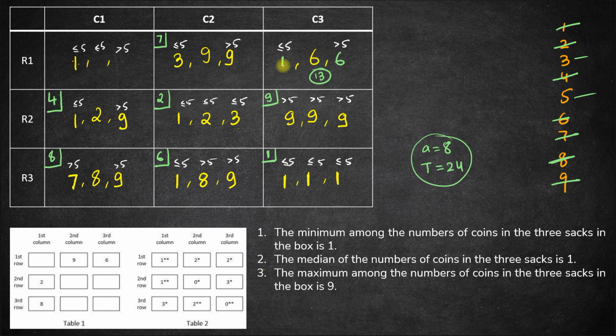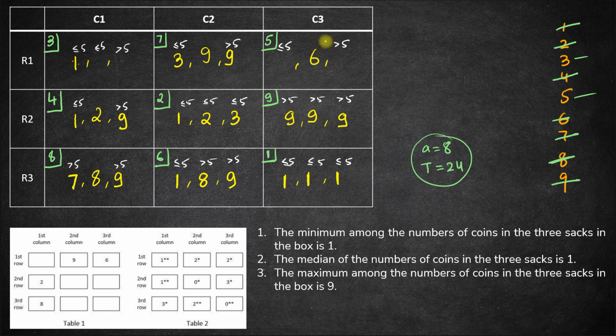So average of 3 is not possible in this box. For an average of 3, the total should be 12, but the minimum total here is 13. So average of 3 is not possible here. The only possibility will be an average of 5 over here. Right? So the average of 3 must definitely be now for this box. Okay? Fine. So now we just have to calculate these two values.